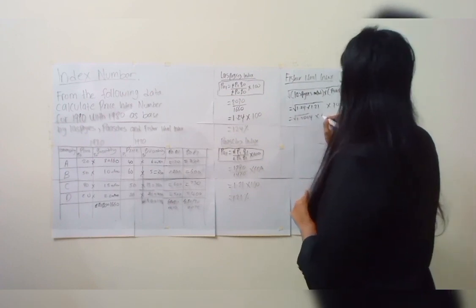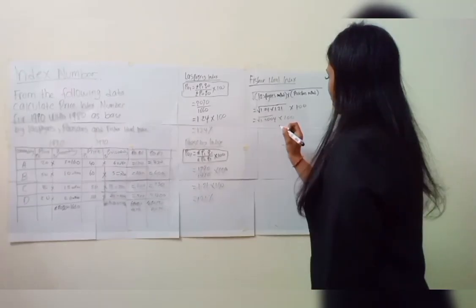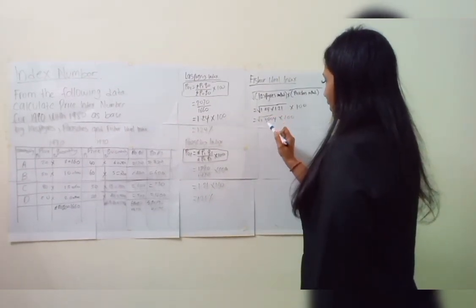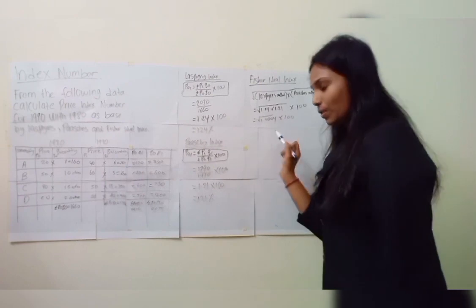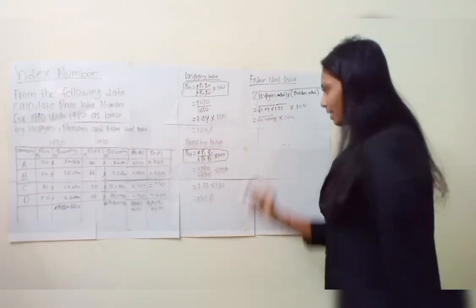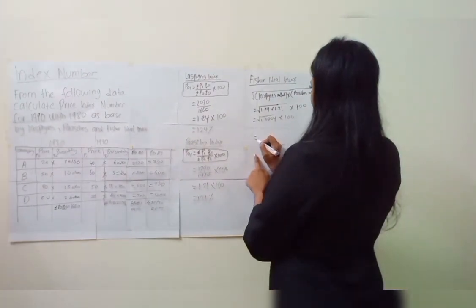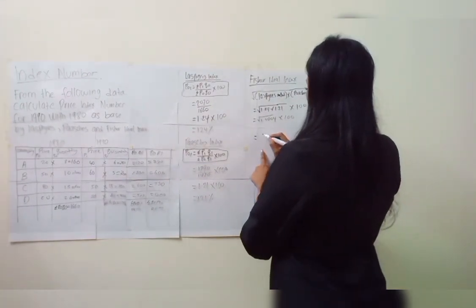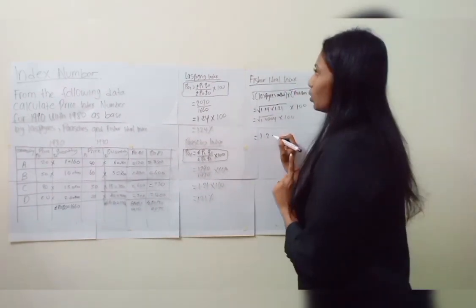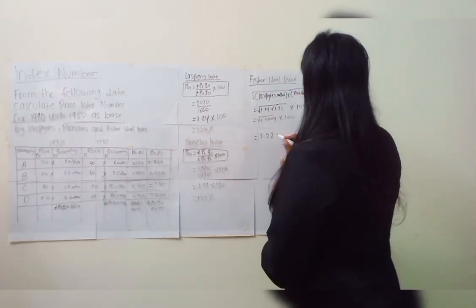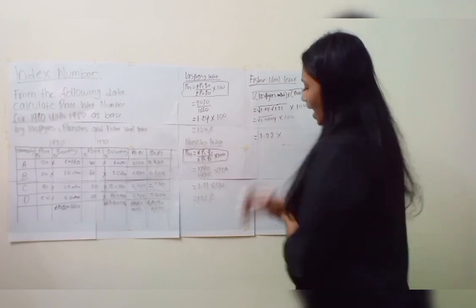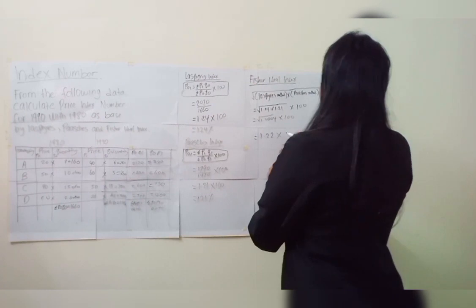The square root of 1.5004 equals 1.22, and then times 100.